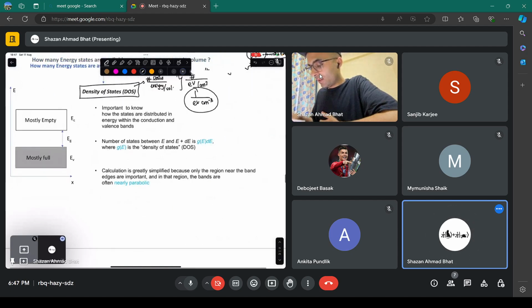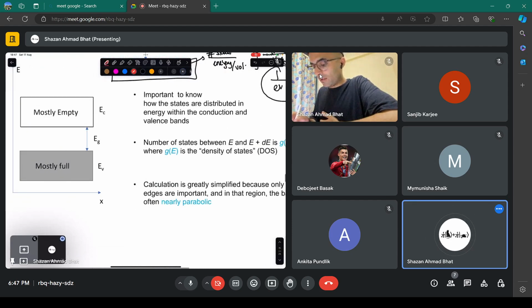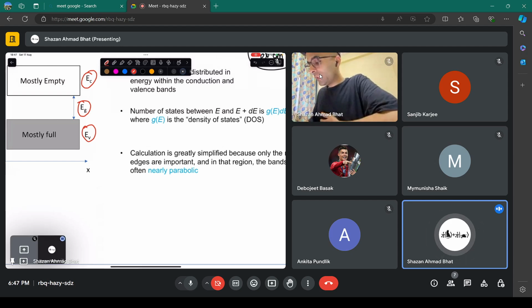And now you see that you have the conduction band, you have the valence band. There is a band gap here, and you want to know how many states are present between some E values.